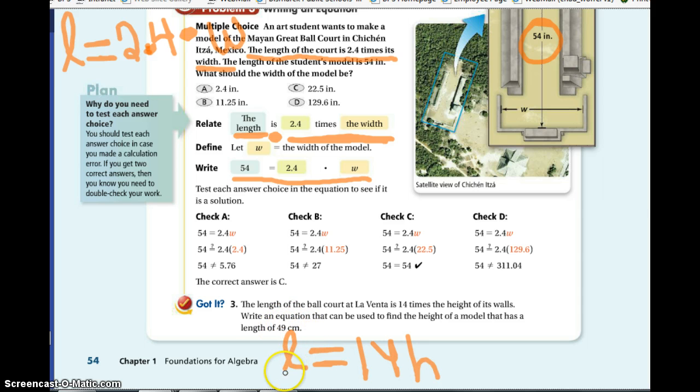So they're telling us that this L, the length, is 49 centimeters. So we would write this out as 49 equals 14H. And that would be our equation for that situation.